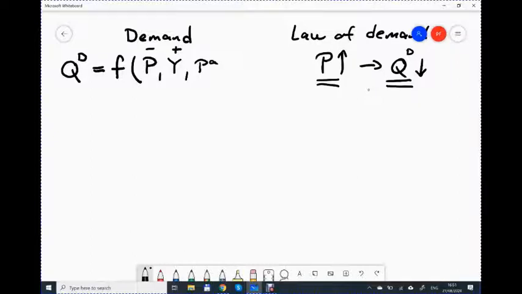But the point is that the price of such related goods may also have an impact on the quantity demanded. If they are substitutes, then you are going to find a positive relationship. That is, if the price of an alternative good increases, then people are going to consume more of this particular good here. So for substitutes, you would find a positive relationship, but for complements, you would find a negative relationship. But this is something we are going to discuss in the next knowledge clip.